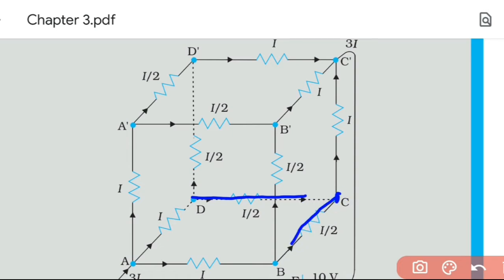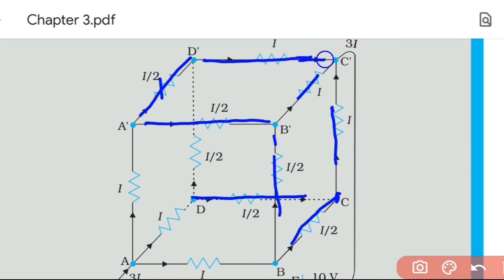So I by 2 and I by 2 combine to form I. So the current in this branch is I. Similarly, the current in the branch B dash combines with the current in the branch A dash B dash to form I. So the current in B dash C dash is I. Similarly, the current in A dash D dash is I by 2, and the current in D dash D is I by 2. So I by 2 plus I by 2 will give you I. That is how the current is getting split.